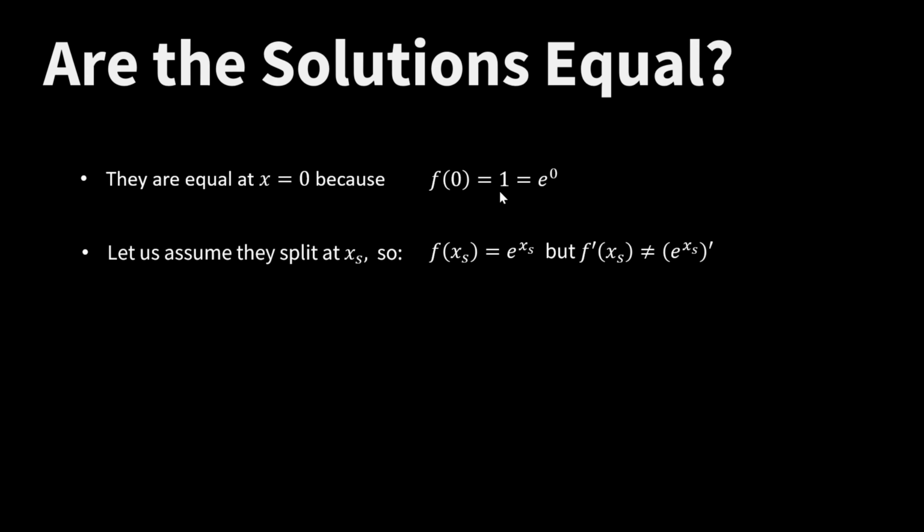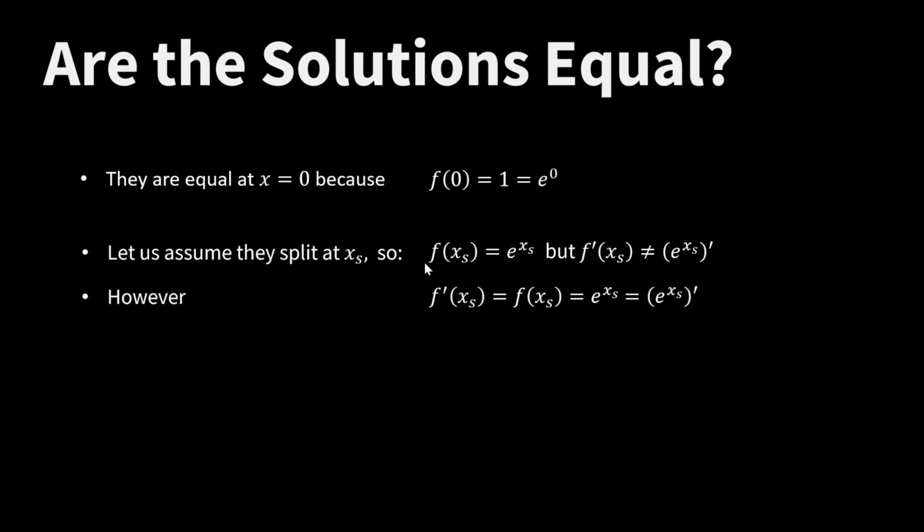So let's assume they do split at the position x equals xs. A split means that the values of these two functions are the same at the position x equals xs. However, their derivatives or their rate of change are different. Is it possible that the values of the functions are the same, but the derivatives are different at the same location?